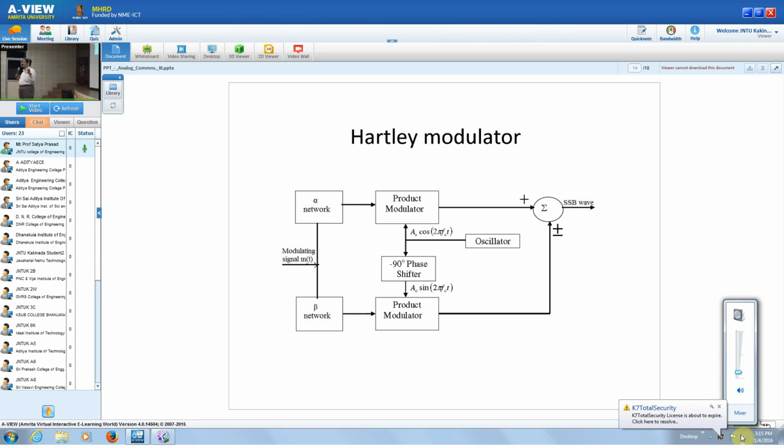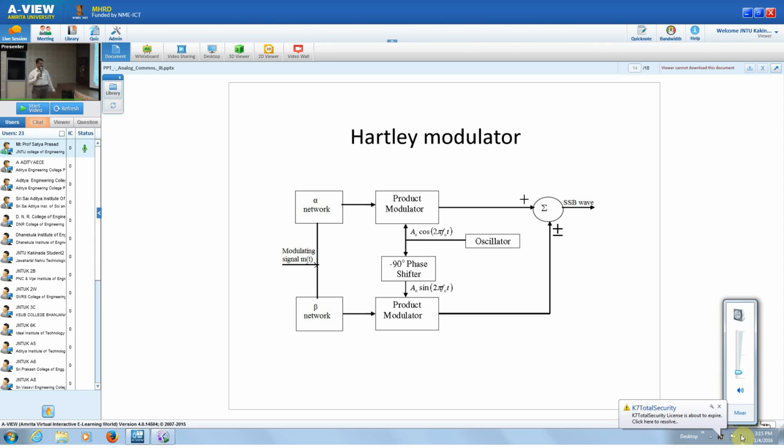That we can design. So if beta is changing, alpha is also changing. Therefore, beta minus alpha stays fixed. That's how we are going to get the phase discrimination method, and this we are calling the Hartley model.